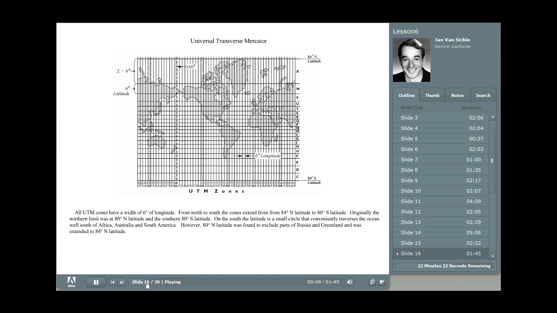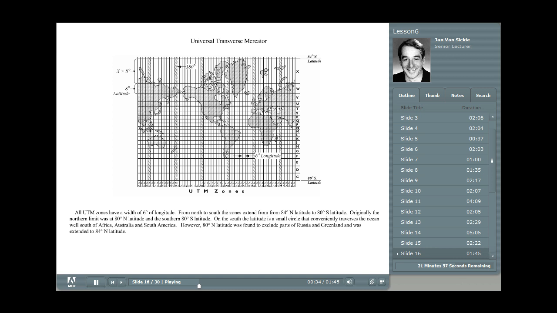Now, the UTM system, of course, with 60 zones, means that each zone has a width of 6 degrees of longitude, and they extend from 84 degrees north latitude to 80 degrees south latitude, obviously not covering the polar regions.